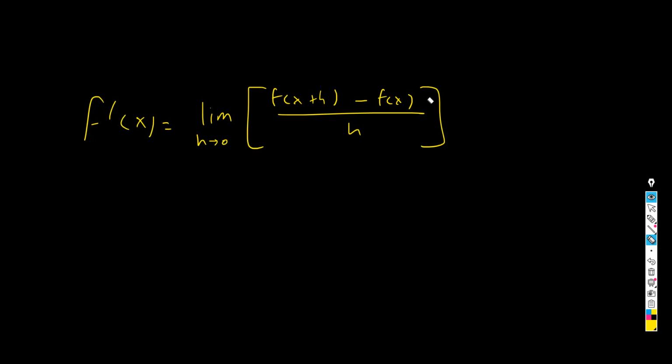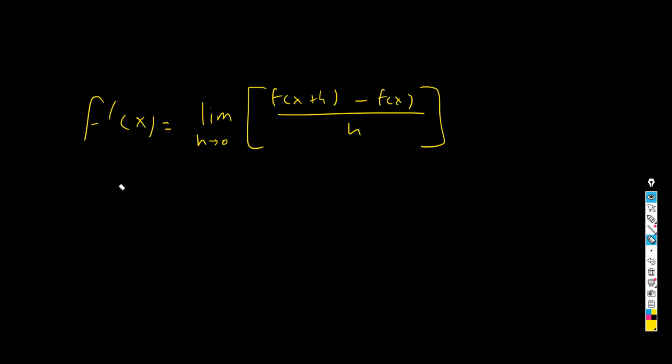So most mathematicians read this as follows: f prime of x equals this. Okay, the important part is here. F prime of x equals this. The derivative of f at x is equal to this.